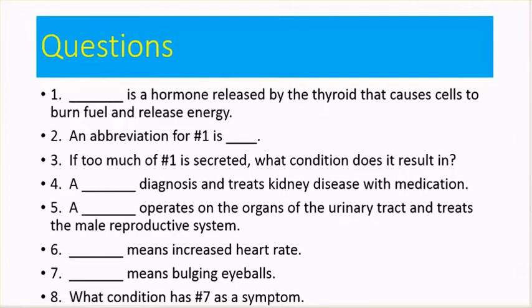Number 4, a blank diagnoses and treats kidney disease with medication. Number 5, a blank operates on the organs of the urinary tract and treats the male reproductive system.